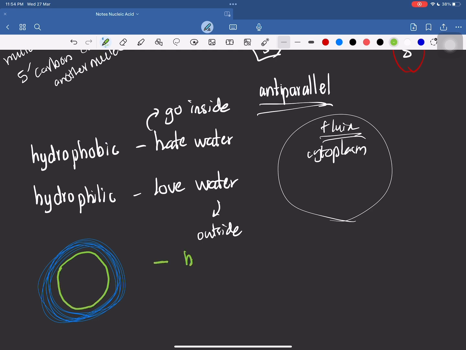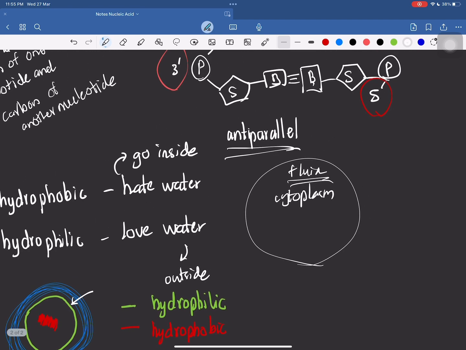Green represents hydrophilic. And those who hate water will stay inside, protected by those who love water. So it makes sense, right?